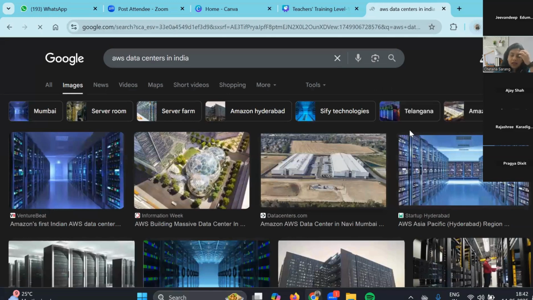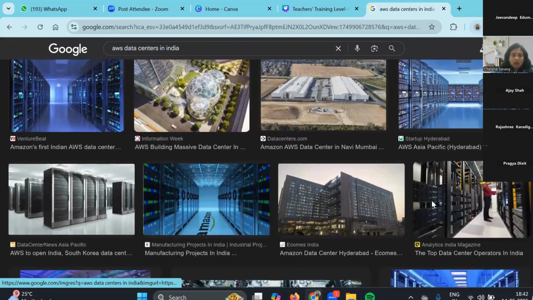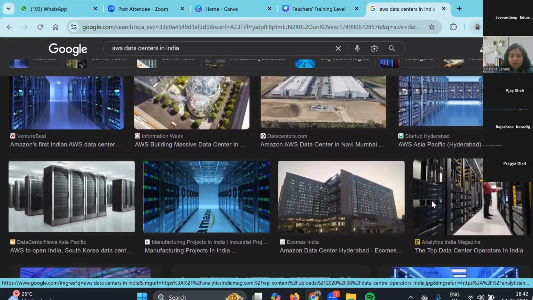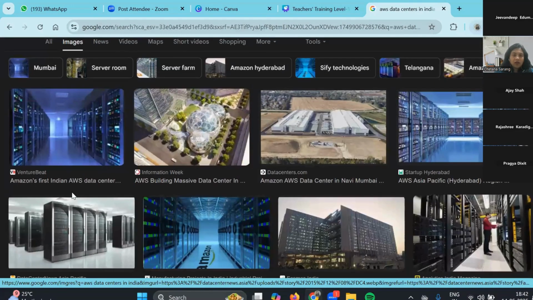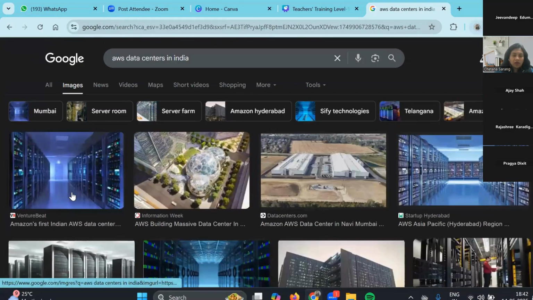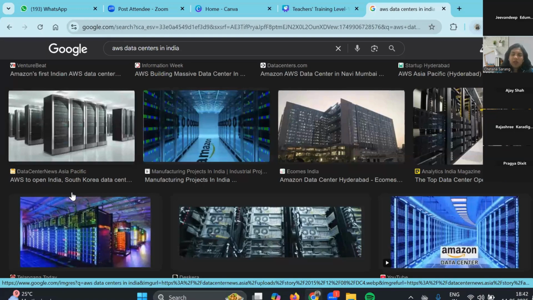Kindly mute yourself. The background noise is there. These are typical data centers. It could be any place. This is Amazon's. Ma'am, I think AWS they have at Bangalore also. Maybe they are coming up with many more.